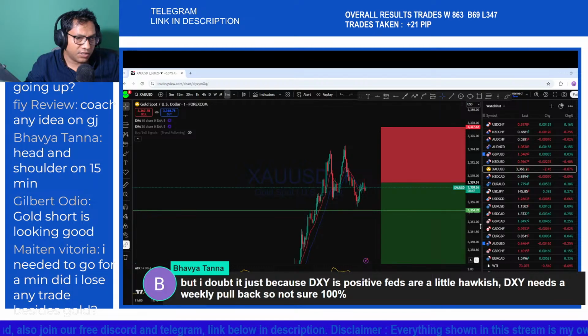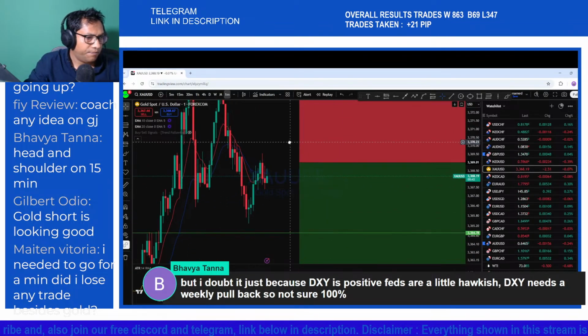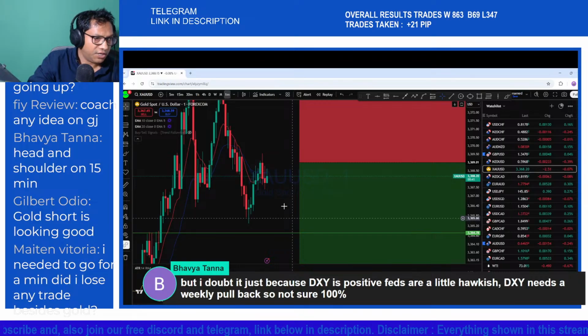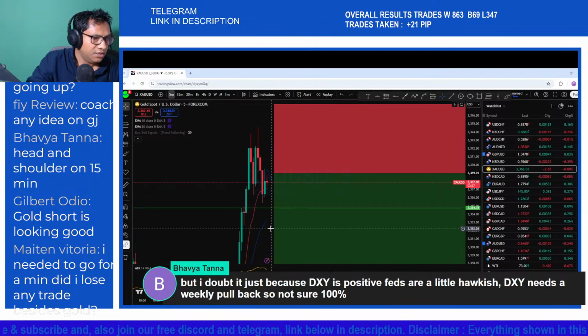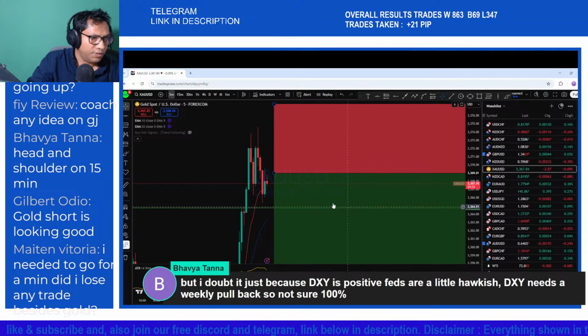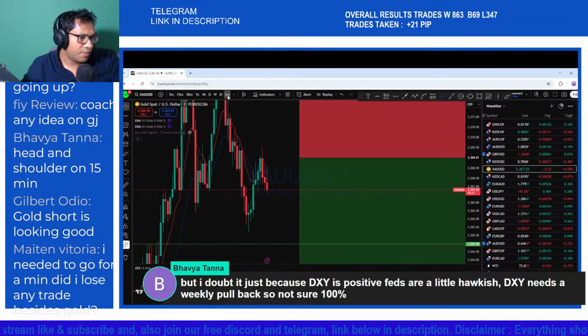So the market structure here is pretty choppy, but if it is breaking in that direction, the 5 minutes price action that we can see shows a possibility for bearish, right?